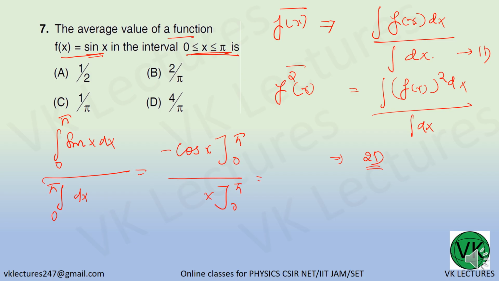Since it is minus, let us first put the lower limit. Cos 0 is 1, cos pi is minus 1. So 1 minus minus 1 divided by pi, that is equal to 2 by pi. So 2 by pi, your option is P.